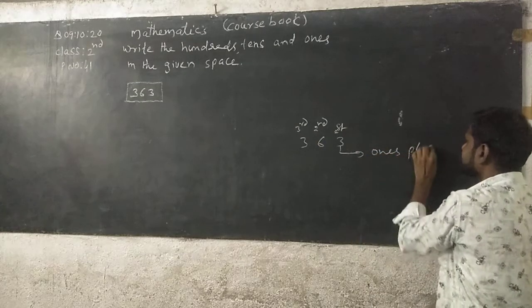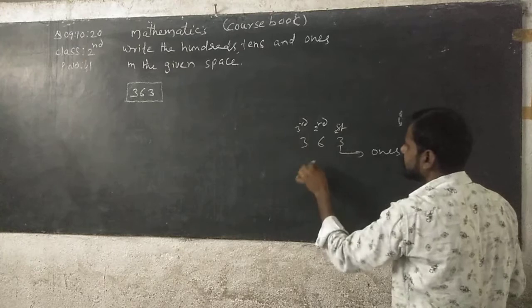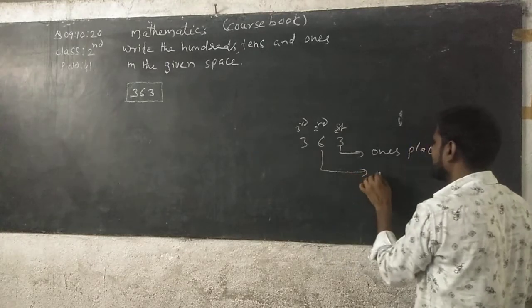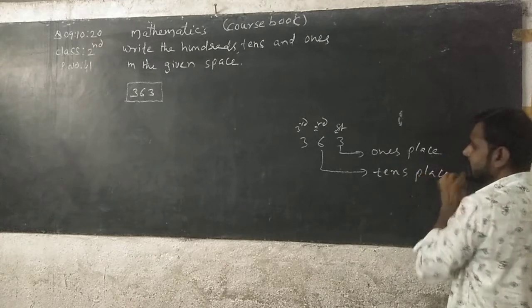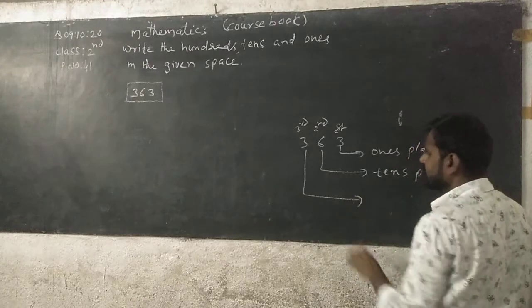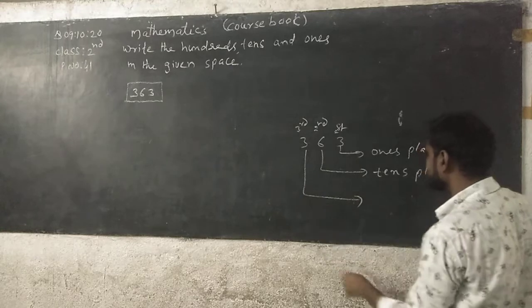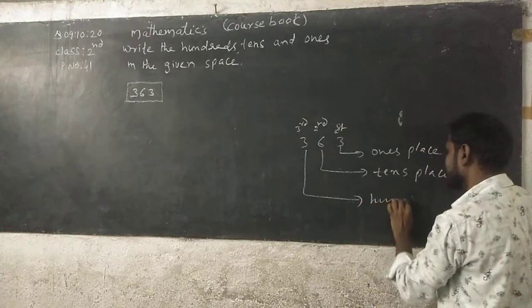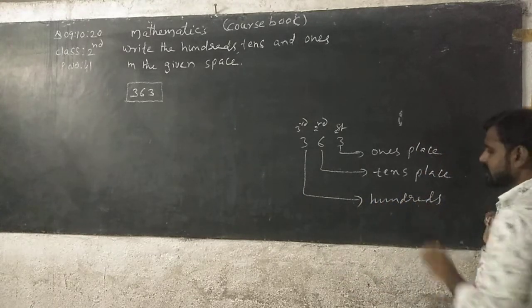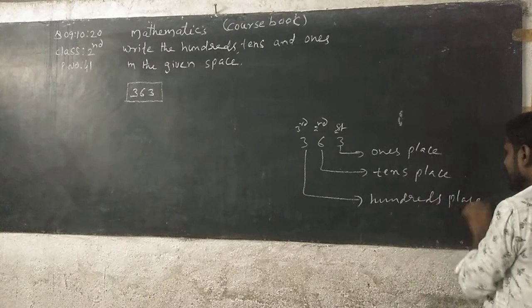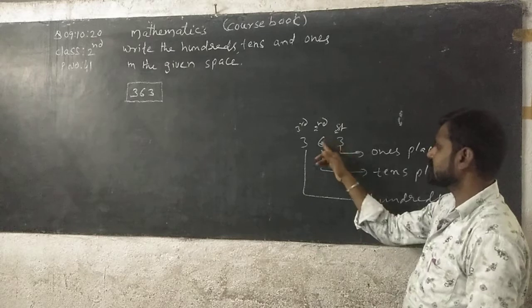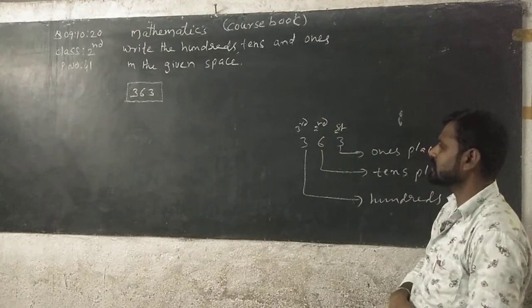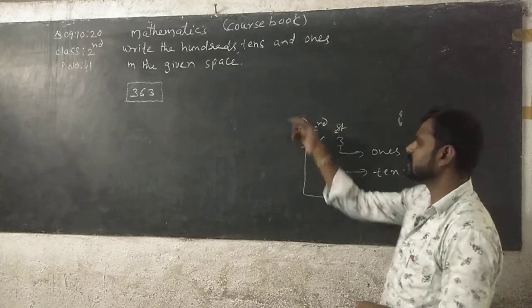Next, from right to left, the second place is called tens place. Now the third place is called hundreds place. See here, 3 is in ones place, 6 is in tens place, and this 3 is in hundreds place.